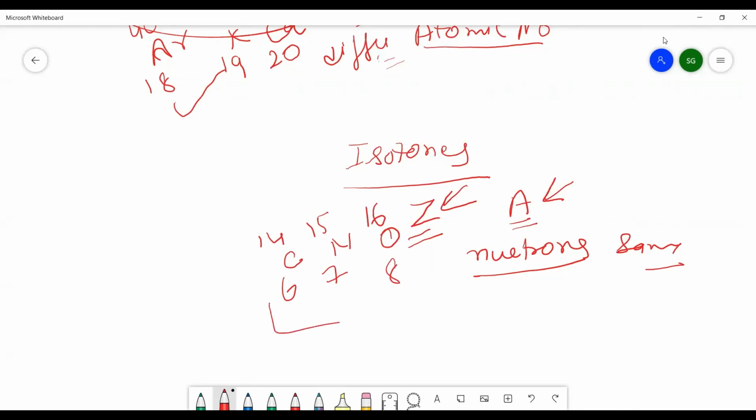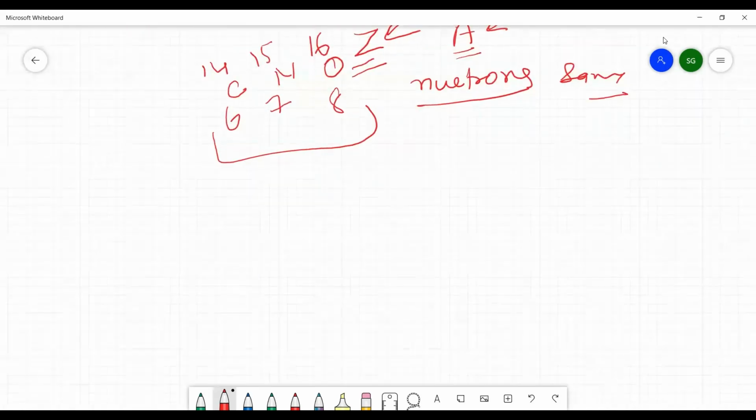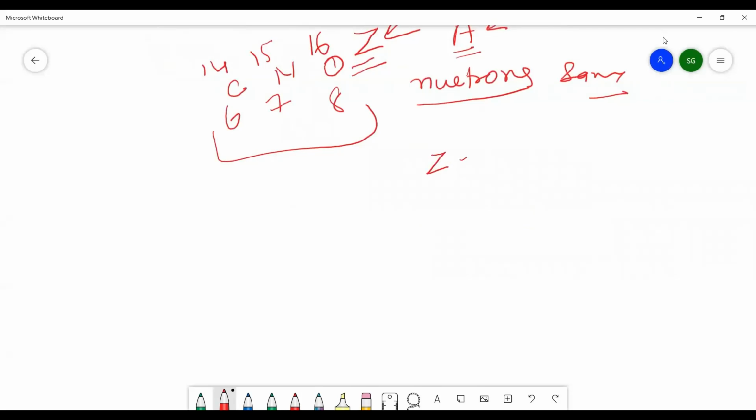Now here, if you want to find out the number of neutrons, as you know, Z is the number of protons. Protons are present in the nucleus of an atom, and the same number of electrons are there in the neutral atom. That means the number of protons and the number of electrons are the same in a neutral atom.